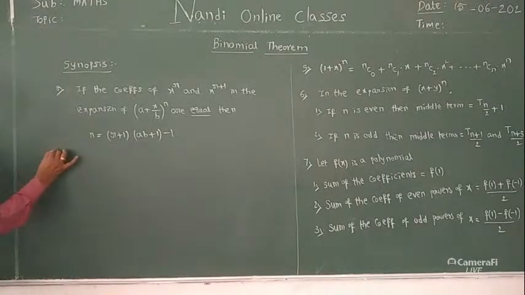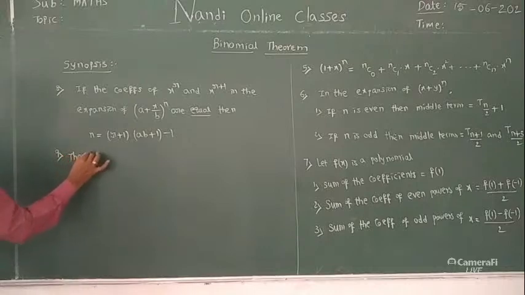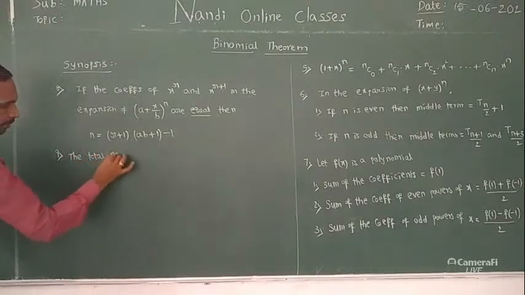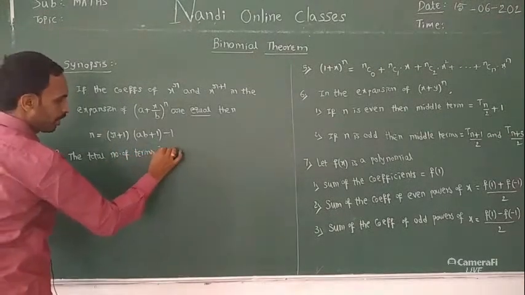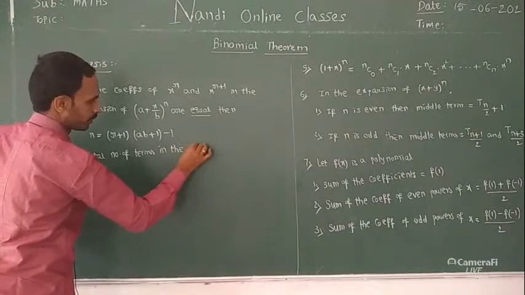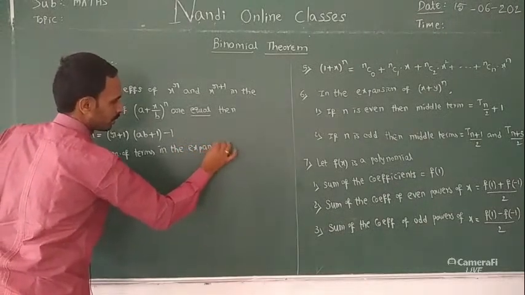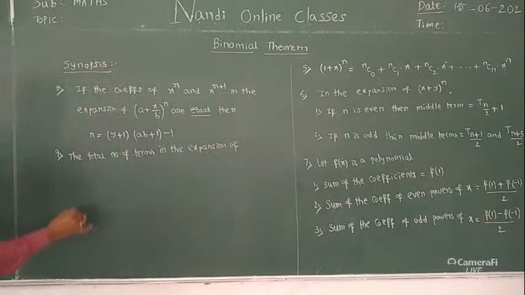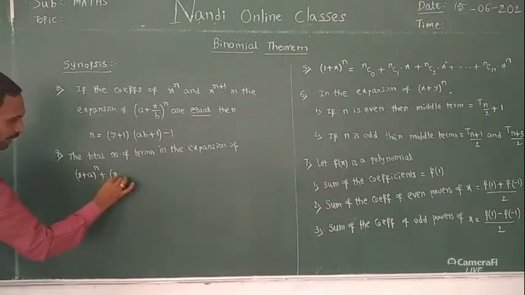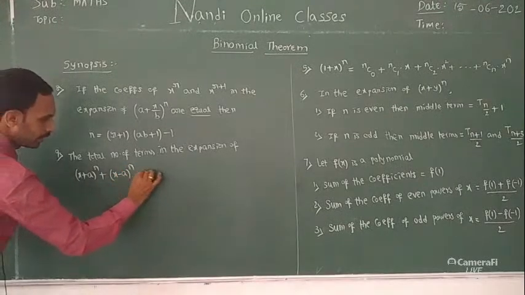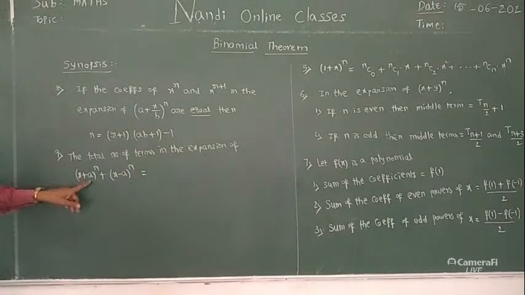And 9 is the total number of terms in the expansion of (x plus a) whole power n plus (x minus a) whole power n.